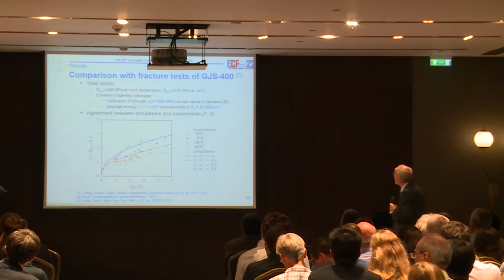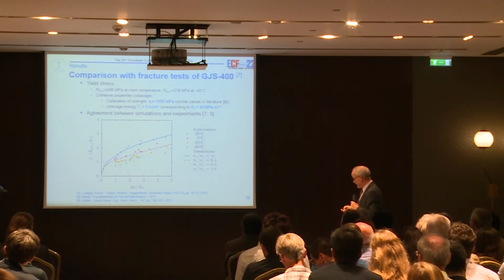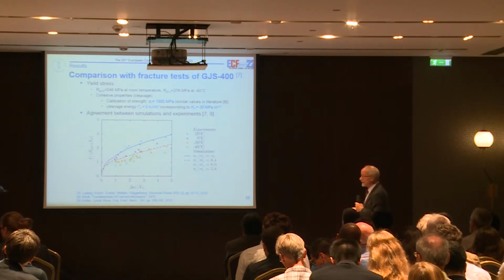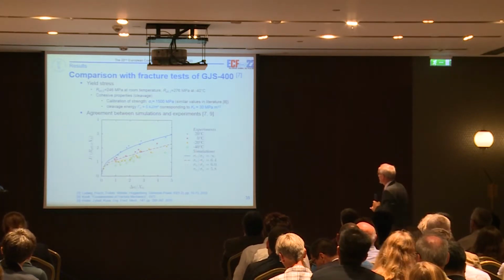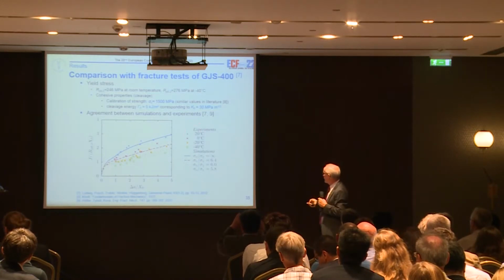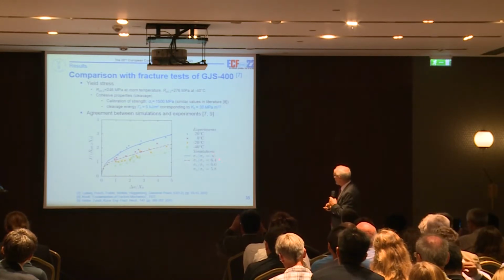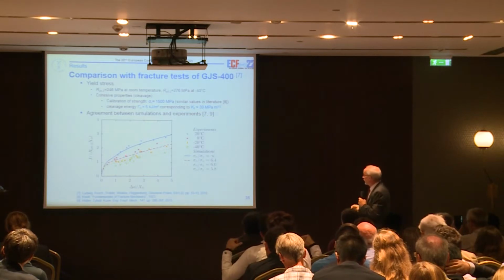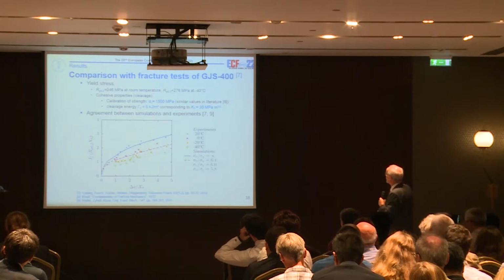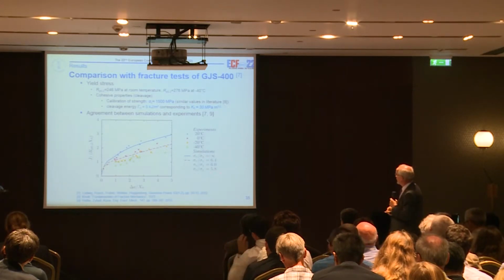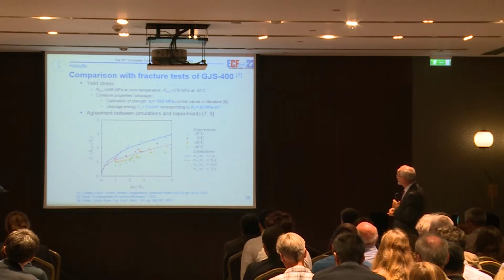And the last slide is a comparison with experiments in the ductile transition region. There are experiments from our university, but only between 20 and minus 40 degrees. These are the colored symbols. They are the R curves, and our simulations are the lines.